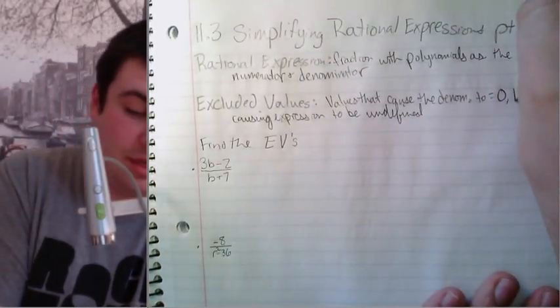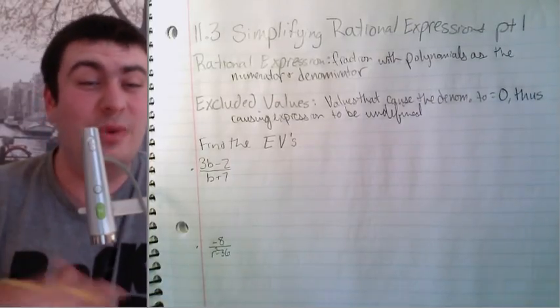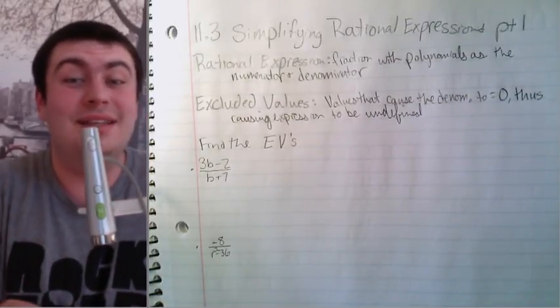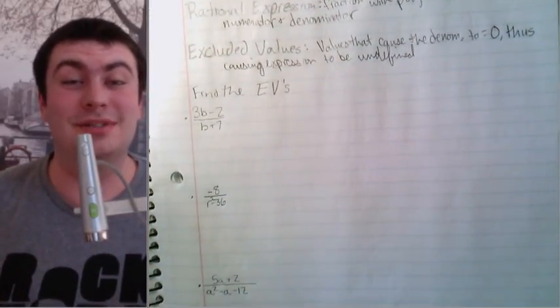This word here is the "thus." Thus causing the expression to be undefined. Remember, we can't divide by a 0. That's something that's undefined. So we're going to spend today finding what our excluded values are.